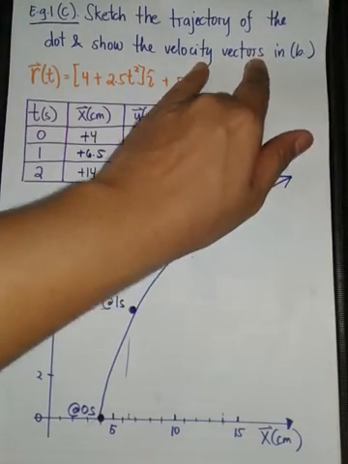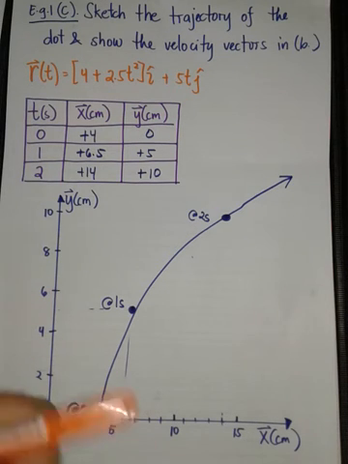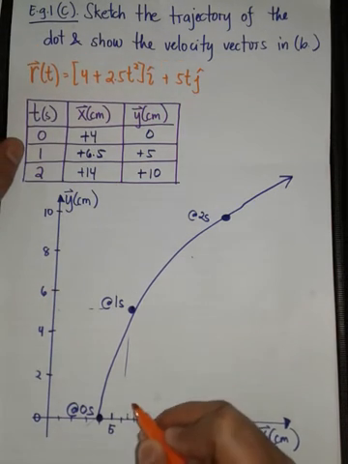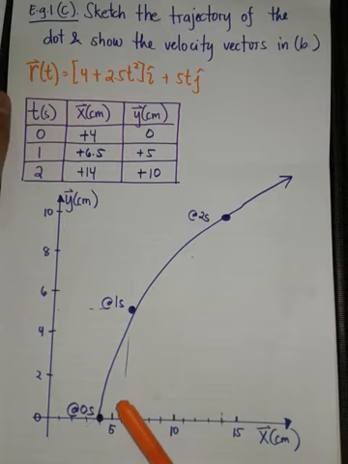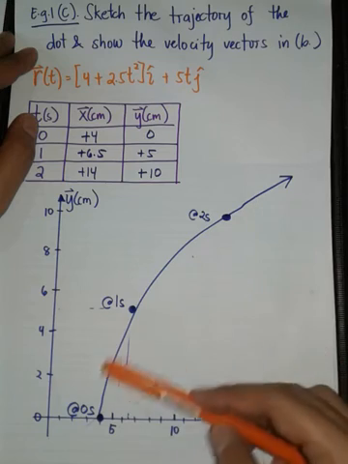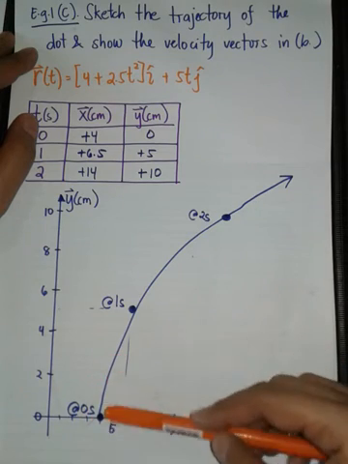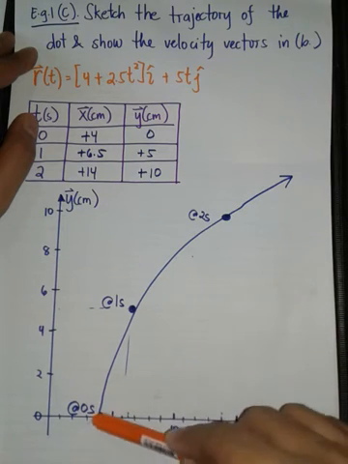Now we will add our velocity vectors. In part A, we were able to solve that the velocity at time 0 is 5 j hat. When sketching a velocity vector, as I hope you've read in the notes, velocity vectors are always drawn tangential to the path. It's a line that touches the path of your particle at that particular time.